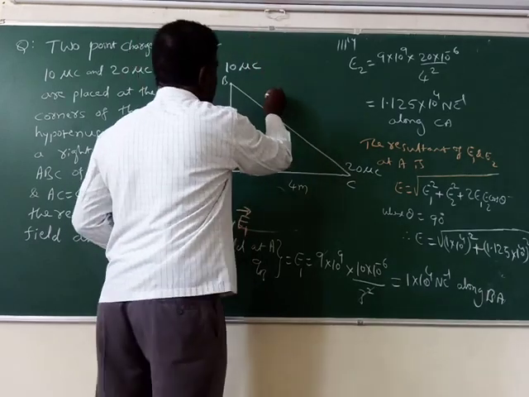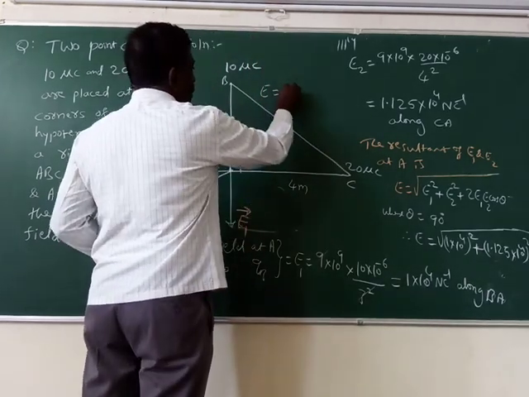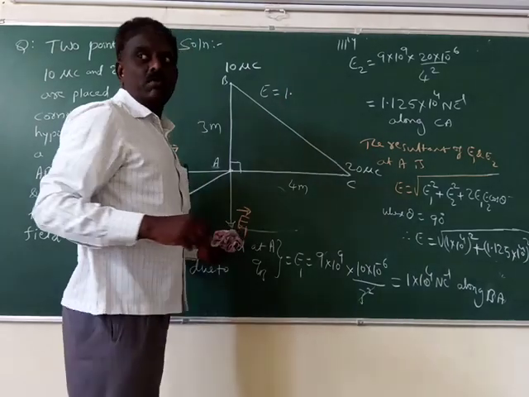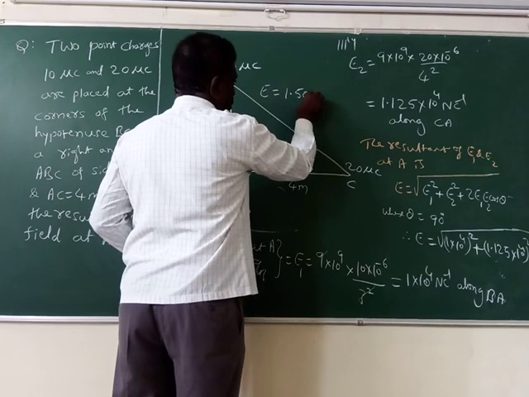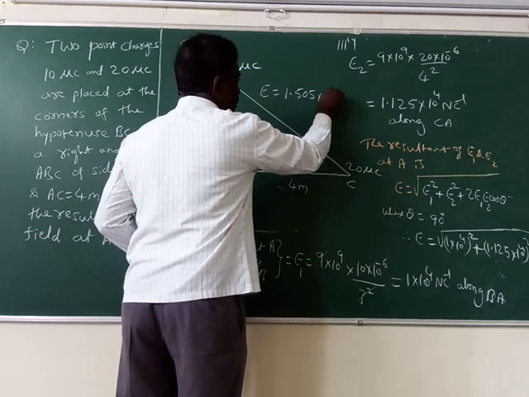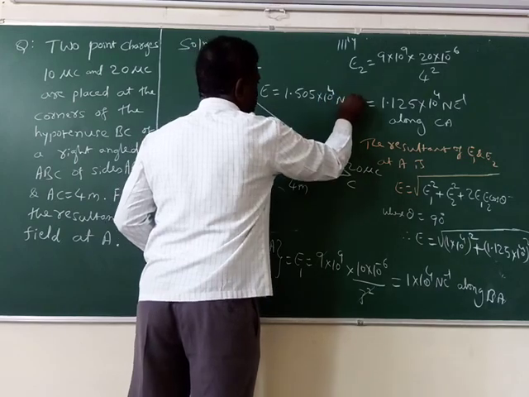Here, I'll write the resultant here. E is equal to 1.505 into 10 to the power 4 Newton per coulomb.